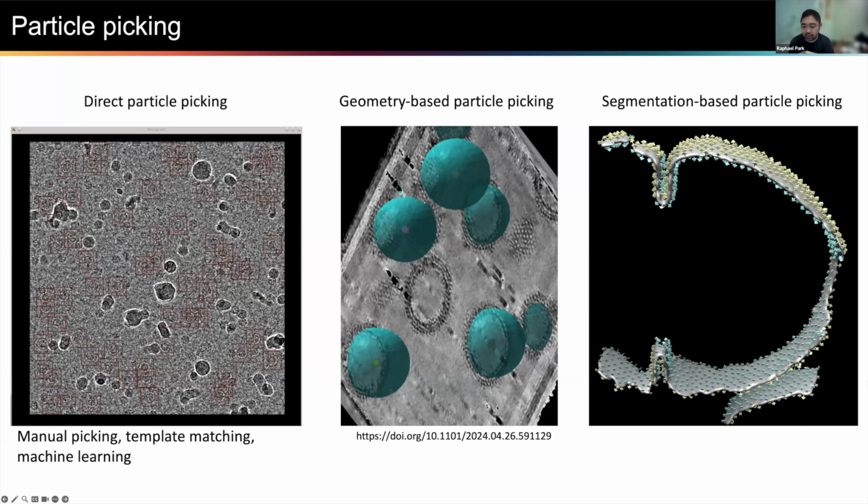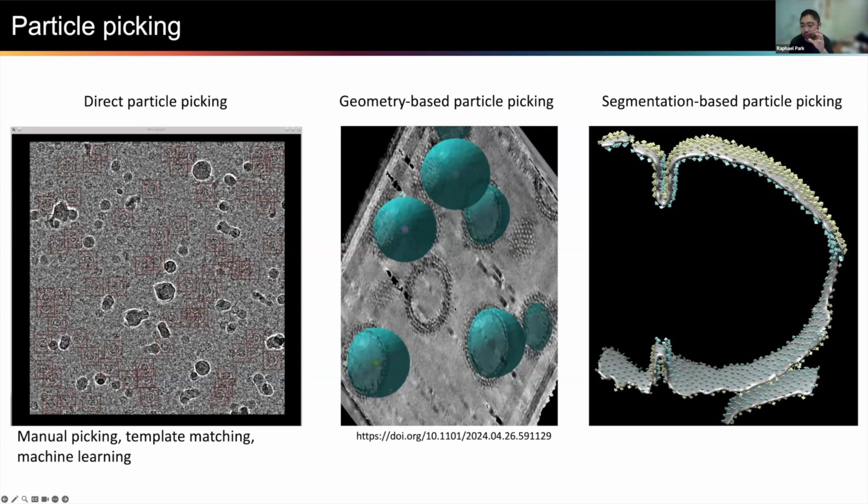And there are also particle picking approaches that are quite unique to cryo-ET. One of them is geometry-based particle picking. For example, this specimen here is HIV Gag protein. It forms this nice spherical shape.